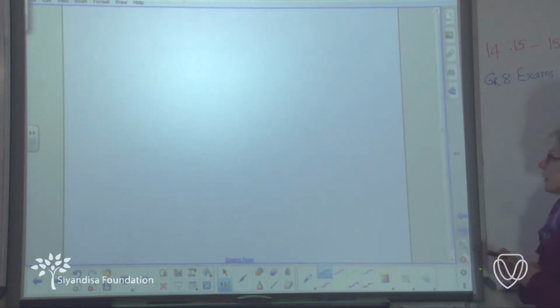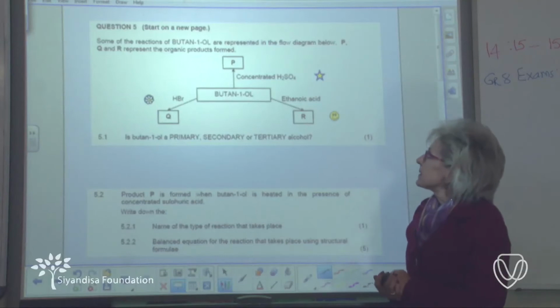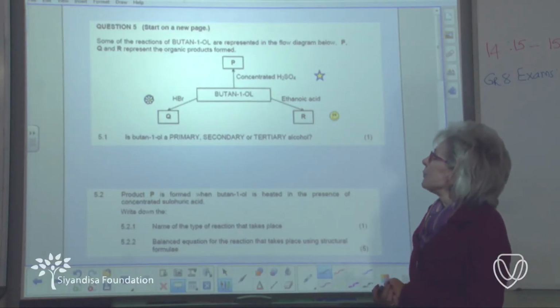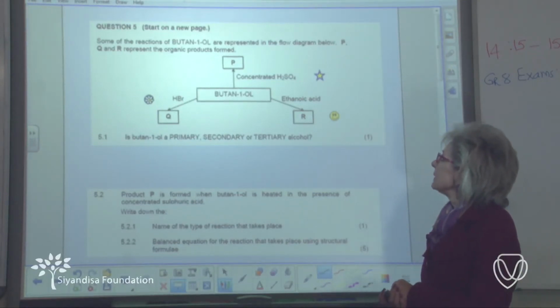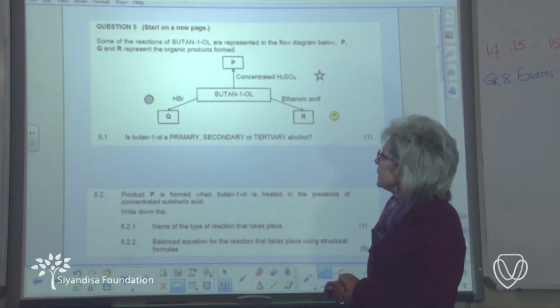Let's look at another question. It says, some of the reactions of butane 1-ol are represented in the flow diagram below. Q and R represent the organic products formed.